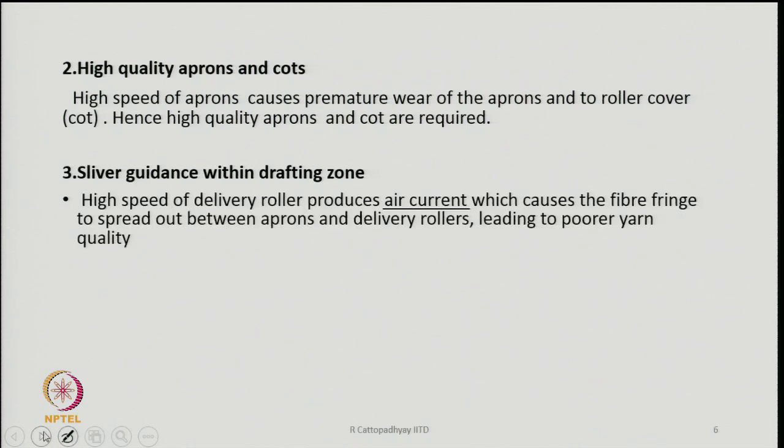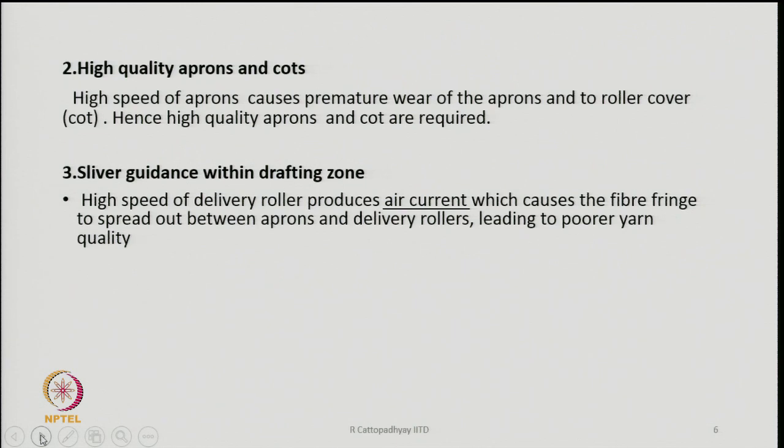The other thing is sliver guidance within the drafting zone. High speed of the delivery rollers can produce air current which causes the fiber fringe to spread out between the aprons and the delivery rollers, leading to poorer yarn quality.